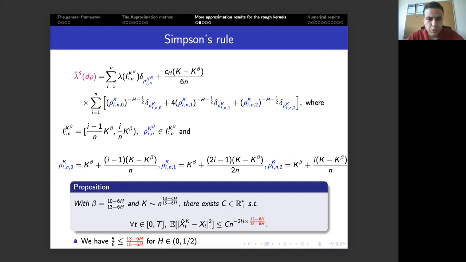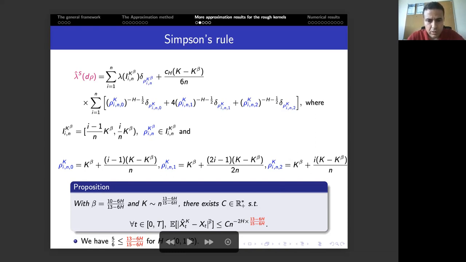If we choose such optimal truncation constants, then the strong error, where x hat k is the system of stochastic differential equations in which we approximated the measure lambda by lambda hat with the Simpson rule: a first part with the Riemann rule and a second part with the Simpson rule.